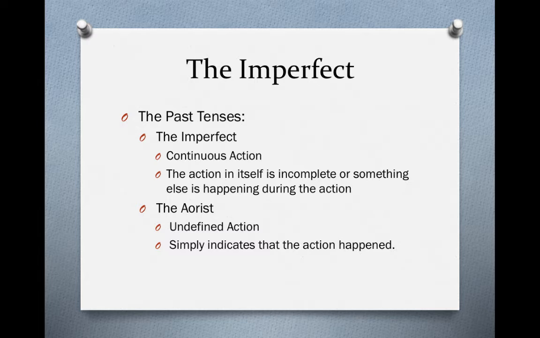And when the aorist appears, generally it's simply indicating that the action happened, so it's very simple, it's undefined. It's just saying this happened without commenting more, perhaps on the duration of the action, or it's not necessarily, though it can, set the stage for explaining what else happened during the action. So the imperfect is continuous action, whereas the aorist, which we'll learn a little bit later, is undefined action.